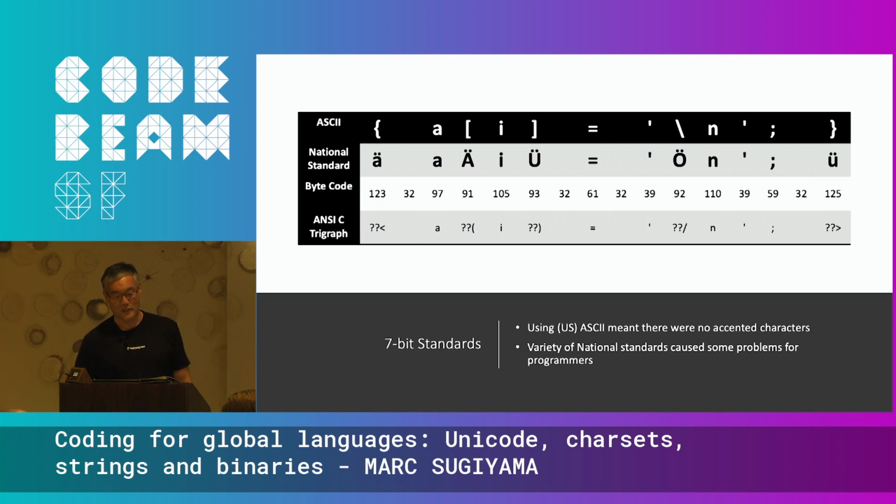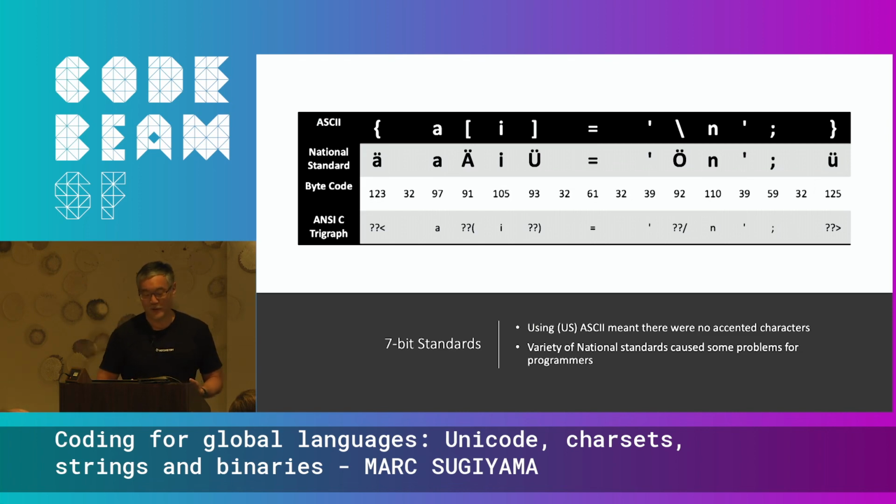That's a little bit of C code, almost C code. Well, I guess it is C code, but in some national standards for character sets, 7-bit standards, those curly braces and brackets were reused for letters.